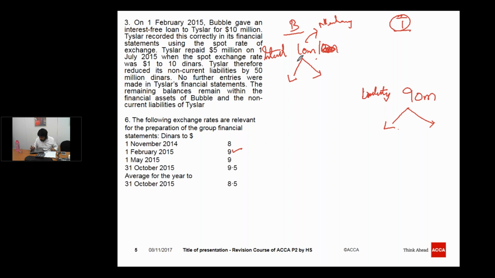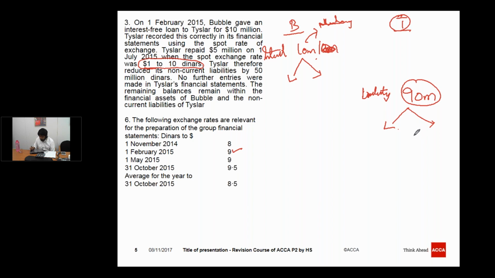So the parent company has given the loan, and the subsidiary company has recorded the amount of 90 million in its liability. And then subsequently, they have paid 5 million out of the overall liability. So when the subsidiary company is going to pay to the parent company, the rate is now 10 dinars to $1. So how much should be paid for the payment of $5 million?